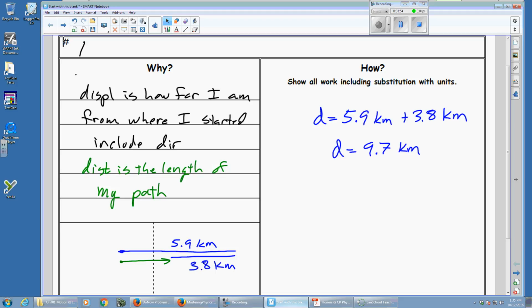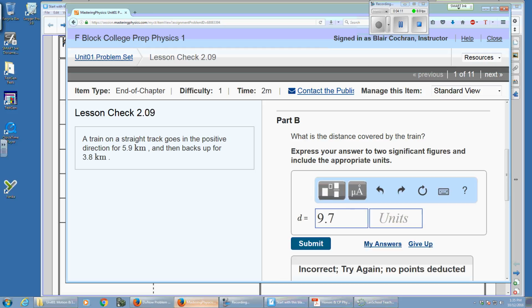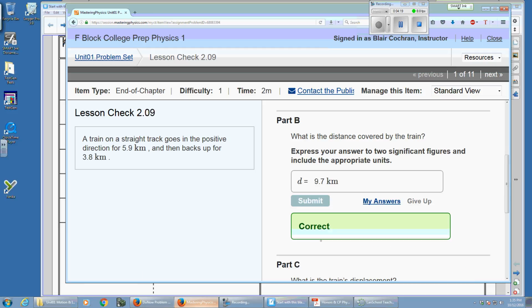So I should try that, see if it comes up right. 9.7. Oh, I must have left the units on. I usually turn that off, and I must have forgotten to turn it off for this problem. Yay! I got that one right.